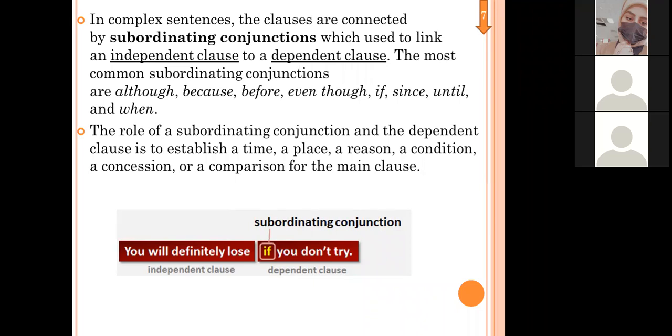Because if we say, if you don't try, this sentence is not a complete sentence. We need to connect it with the independent clause. For that, we use subordinating conjunctions.